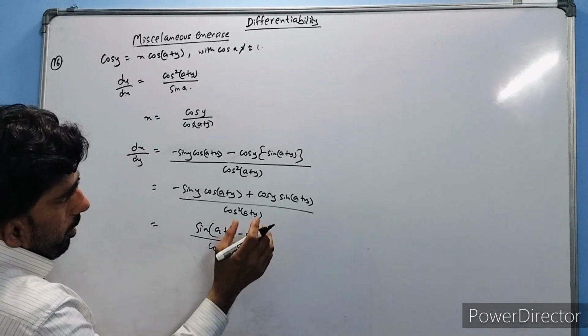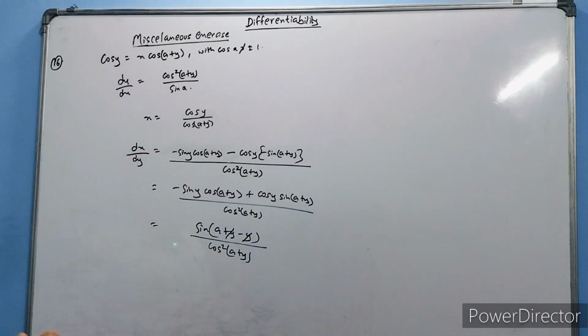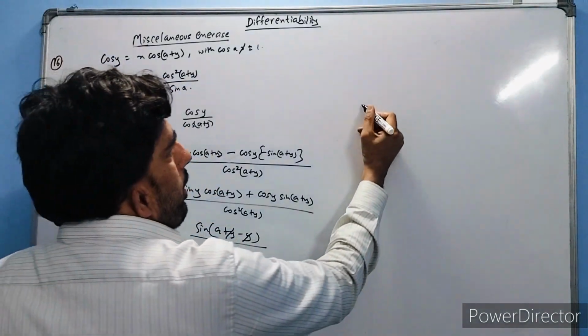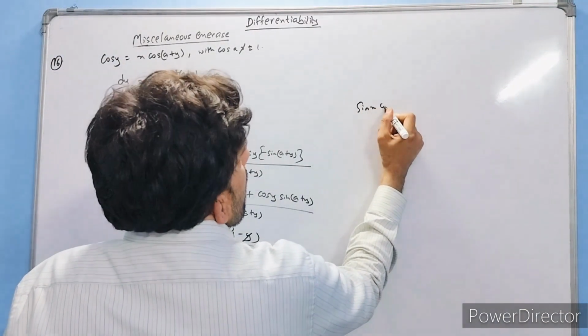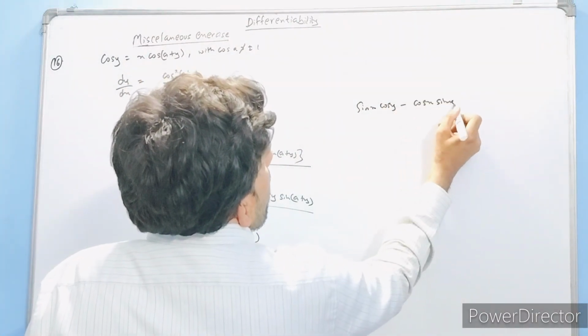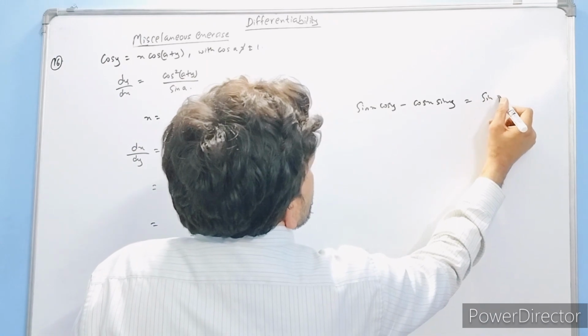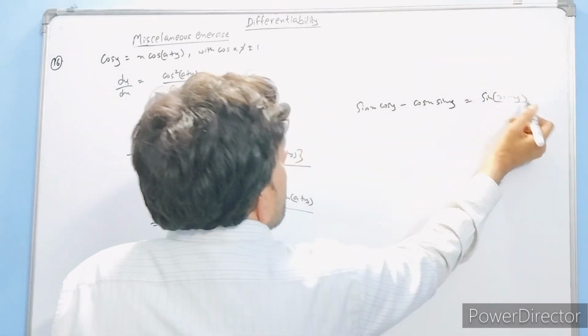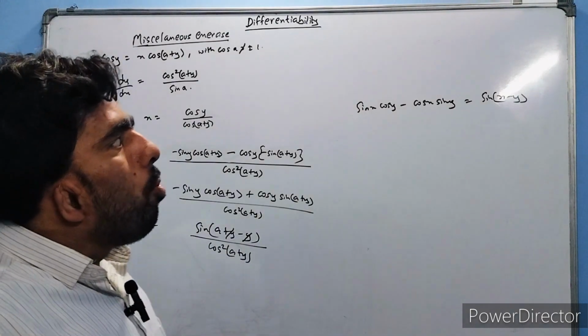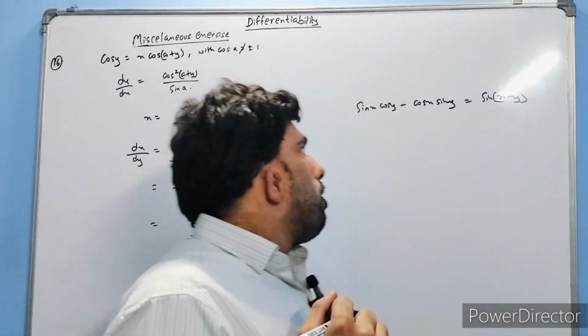This identity we have learned in class 11th, that is sin x cos y minus cos x sin y will be sin(x minus y). Okay, so that is how we differentiate this.